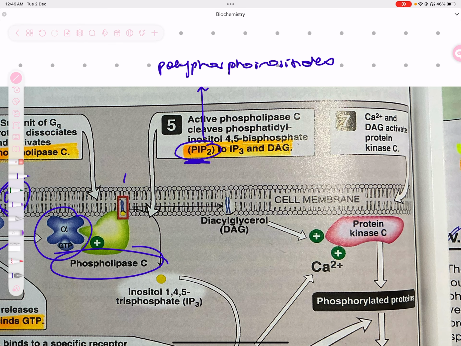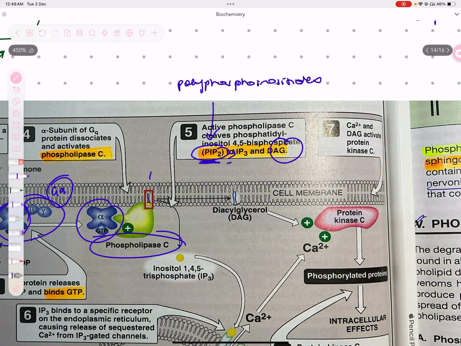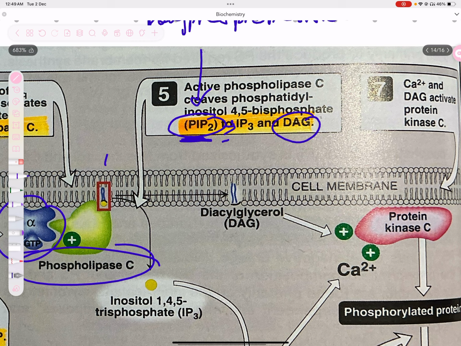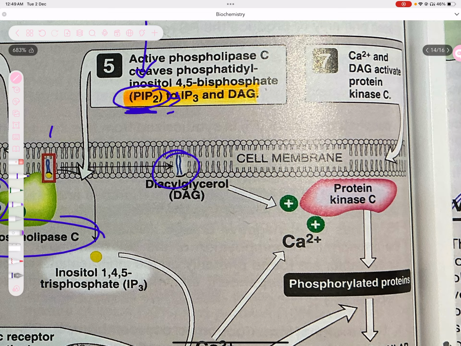So an example of polyphosphoinositides is phosphatidylinositol bisphosphate. Phospholipase C converts it to IP3 and DAG. Now DAG is hydrophobic, so it remains in the membrane, and not just remains in the membrane, but it also recruits protein kinase C to work for it.